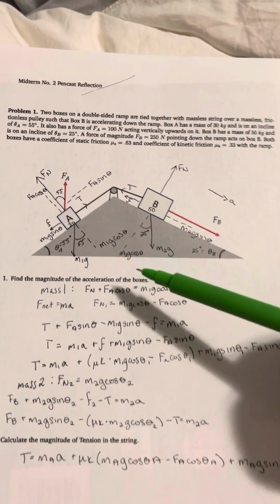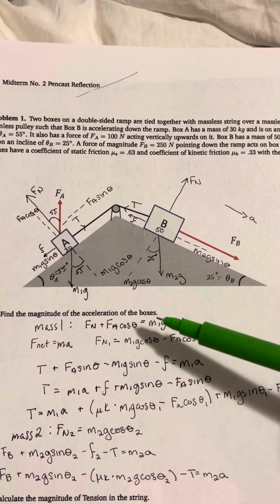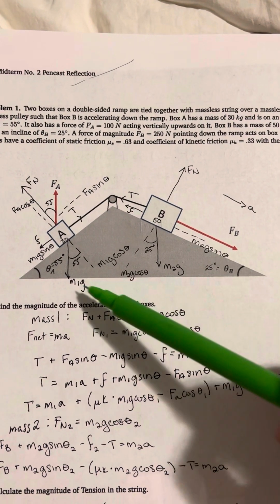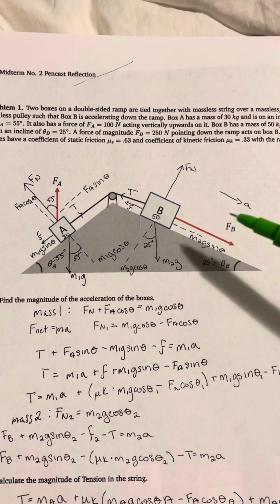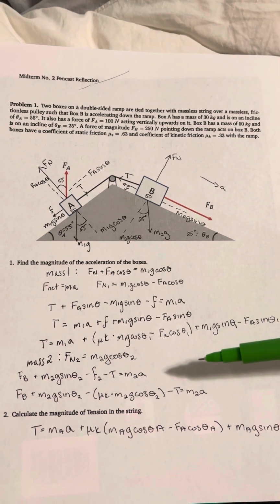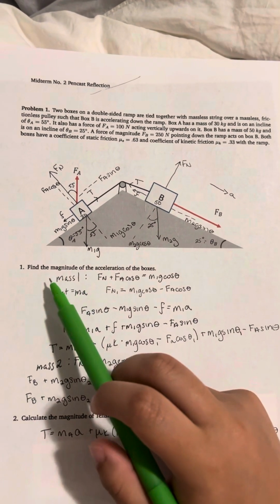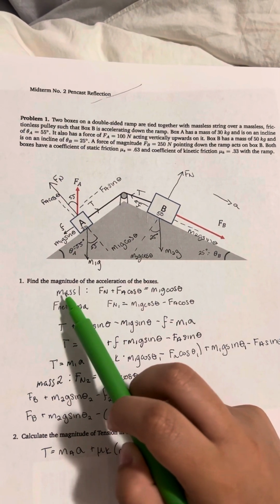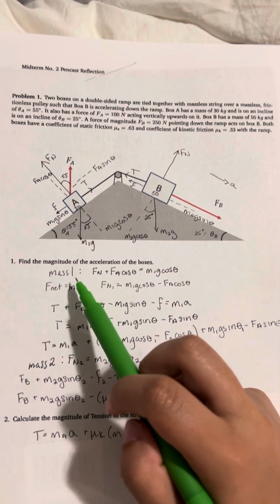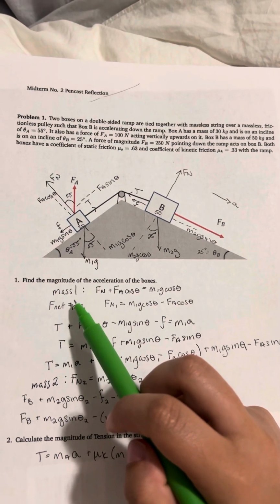0.33 with the ramp. So I went ahead and labeled all of the forces and all the angles on our diagram, and we are going to use these to help work out this problem. So the first question asks, find the magnitude of the acceleration of the boxes. First, we want to find F net for mass 1.